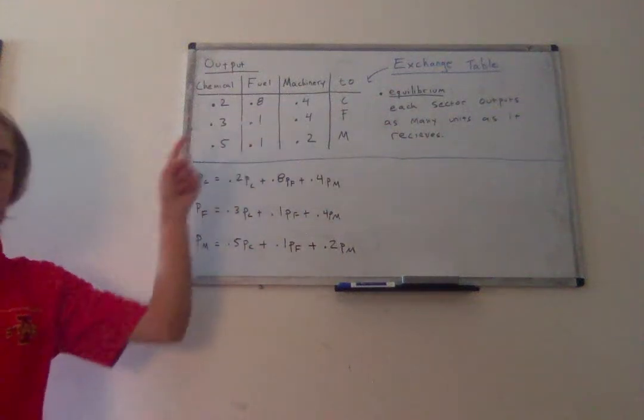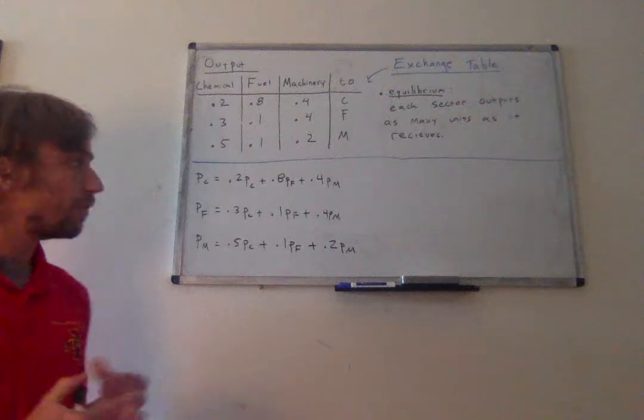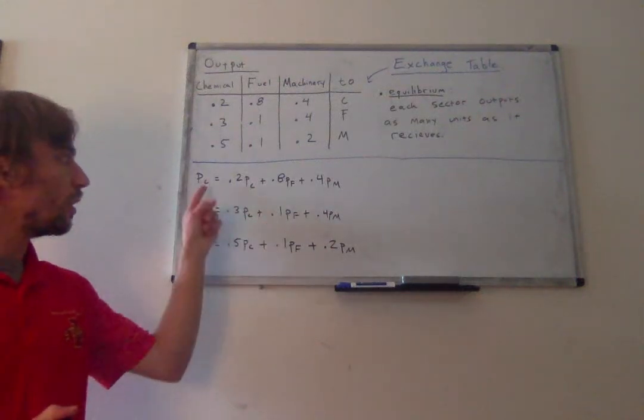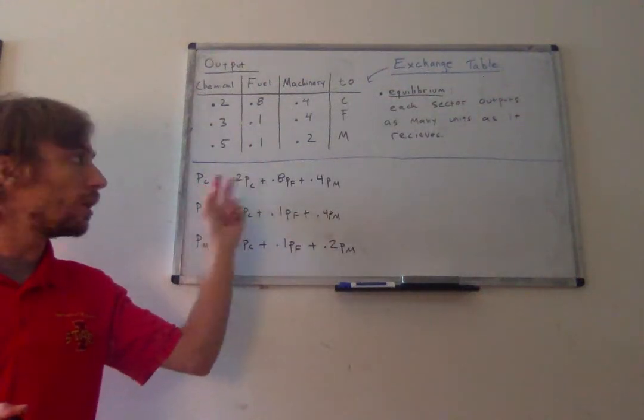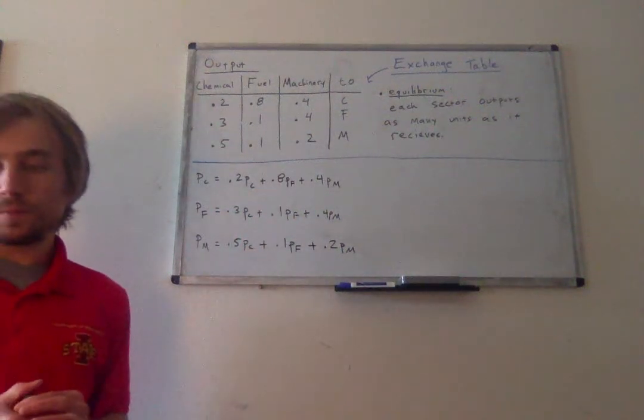But because we have the percentage of output each sector is going to receive, we can also say, here's p sub c's output, here's p sub c's input. These two things should be equal.